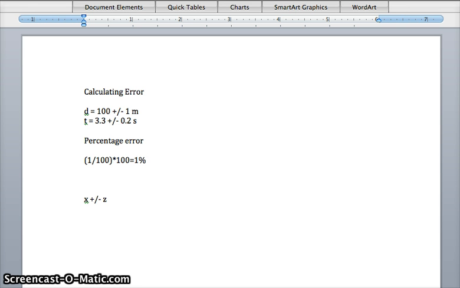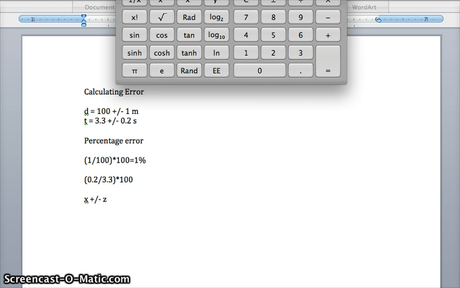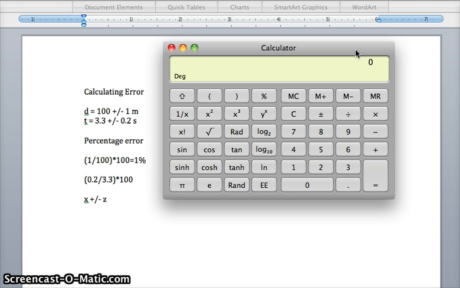For the second one, it would be 0.2 divided by 3.3 times 100, which I'll go ahead and use a calculator for. 0.2 divided by 3.3, which is about 6%.